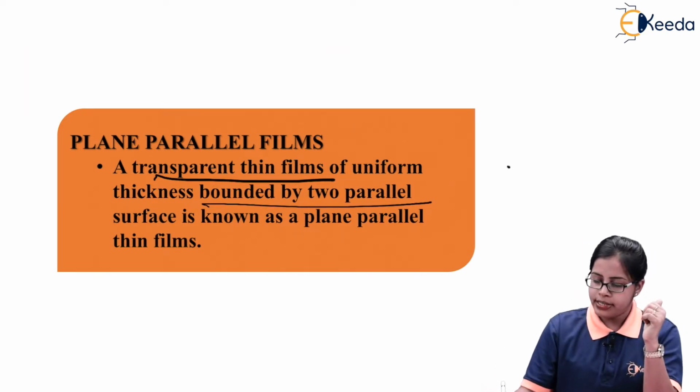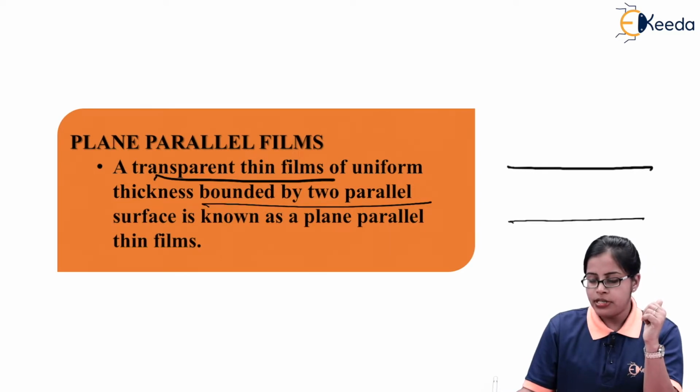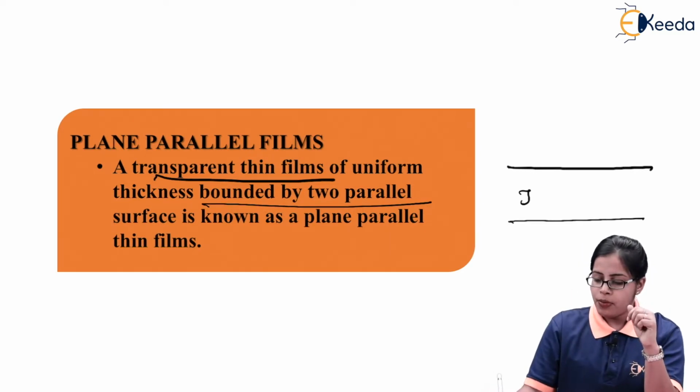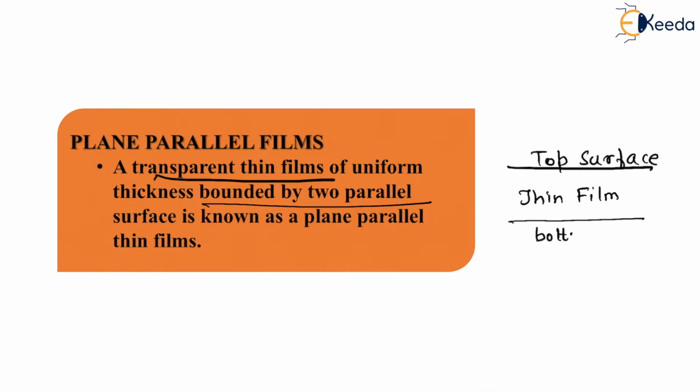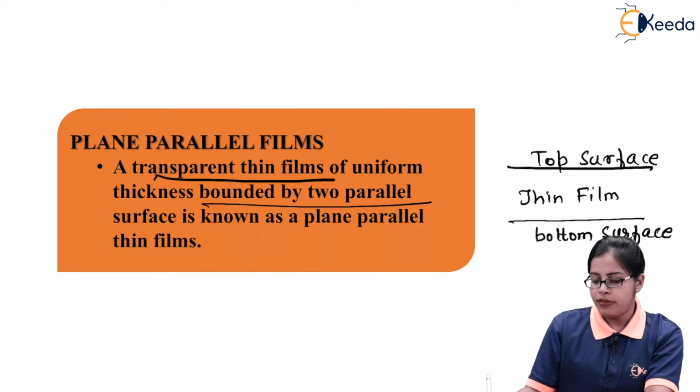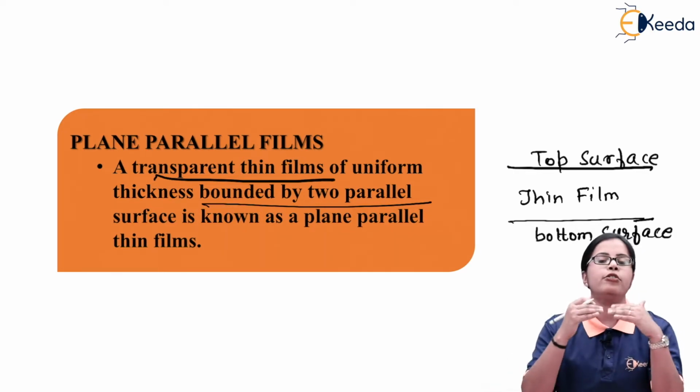If I consider this as a film, it is a thin film bounded by two surfaces: this is the top surface and the one below is the bottom surface, and obviously the two surfaces are parallel to each other.